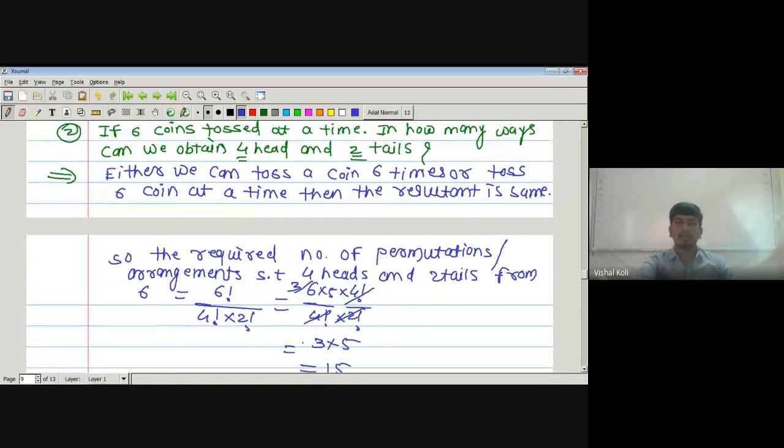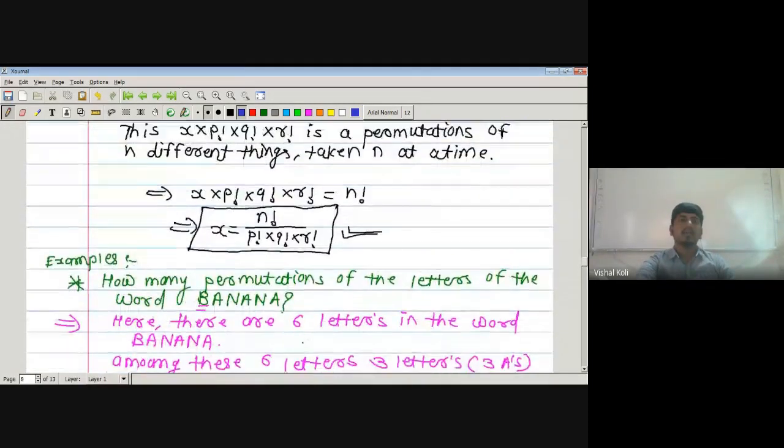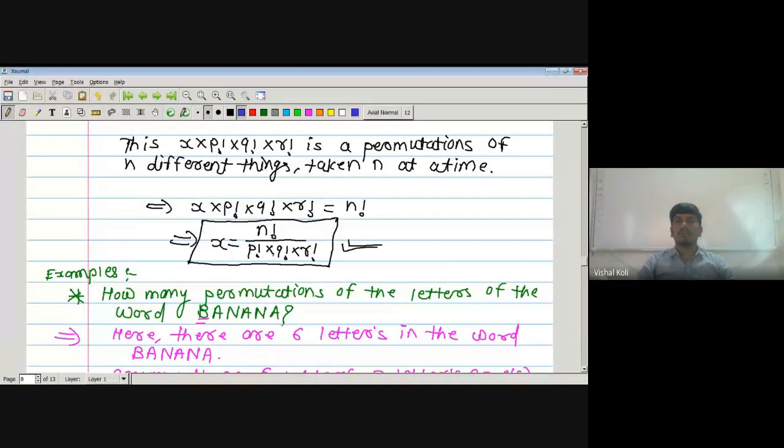Such problems can be solved by using this method, that is n factorial divided by p factorial into q factorial into r factorial.